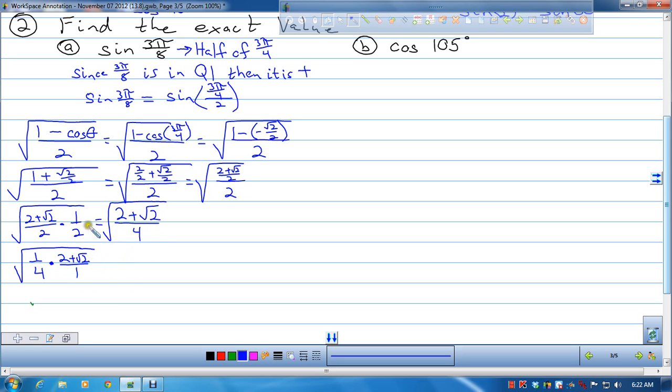I just took that 4 out front. The square root of 1/4 is 1/2, and now I would just be left with the square root of 2 plus root 2.